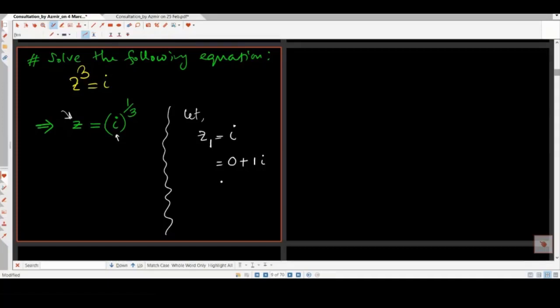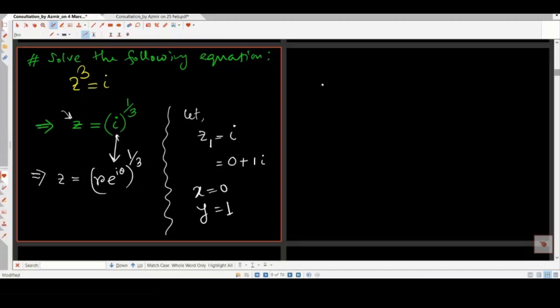From here, we can easily say that x equals 0 and y equals 1. Our target is to convert this number from rectangular form to polar form. So in the next step, we have to convert this into polar form.